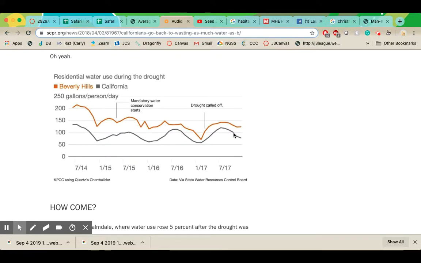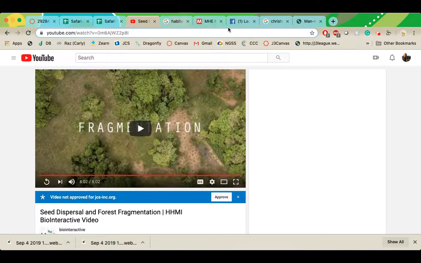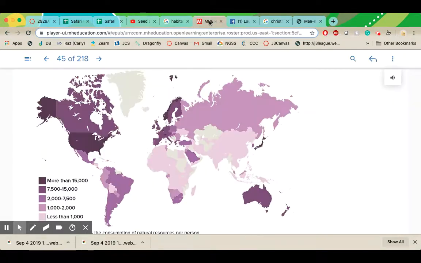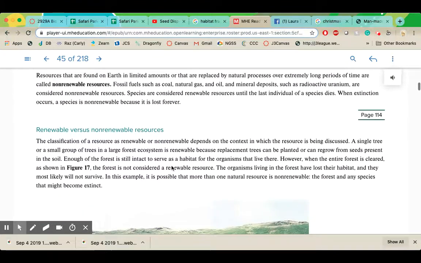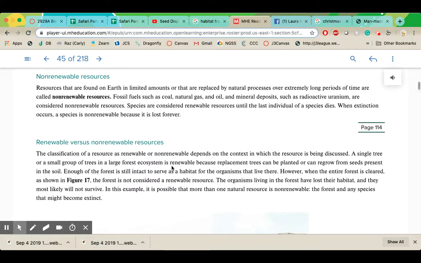So some of this is linked to wealth and entitlement, and I should be able to use as much as I want. And so changing that mentality to more of a I'm going to use less because it's good for everybody else and it's good for the earth is kind of a mentality shift.